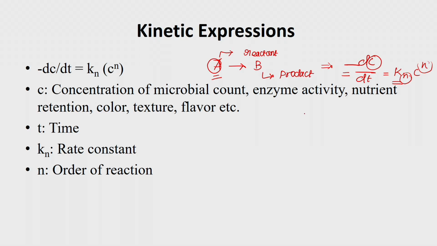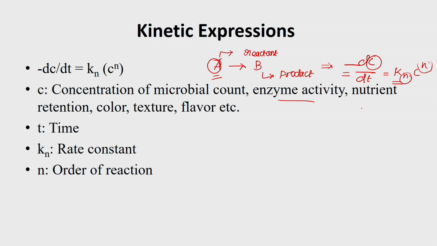And sometimes it may be the enzyme activity, which is also related to food processing. When I kill a particular cell concentration at a particular time and temperature, how is the enzyme activity of the food getting changed? So the C may be enzyme activity as well.